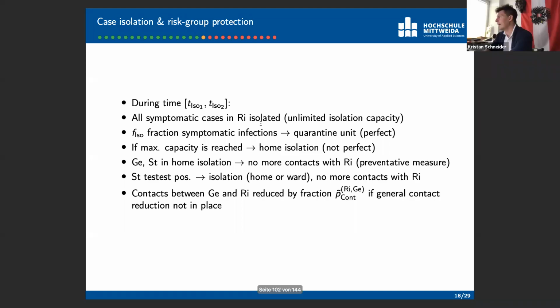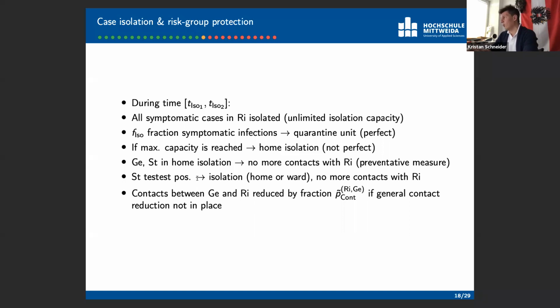And that is clear. Now the new intervention that we're doing is that if the staff is tested positive, then they go into isolation, either at home or in a ward, and they don't have any more contact with the risk group.